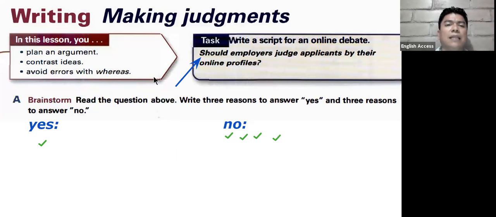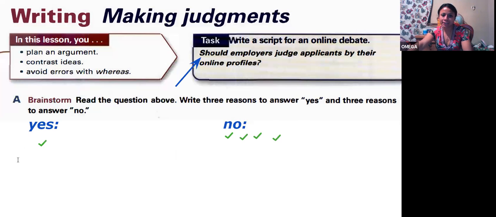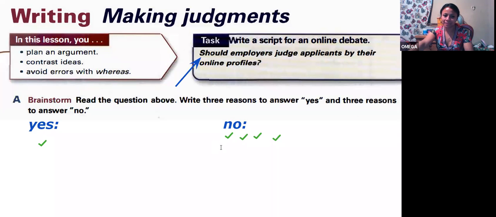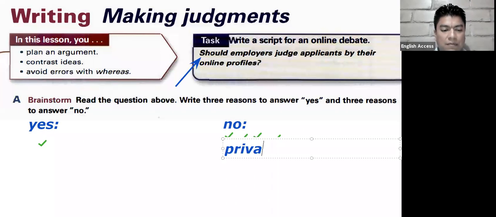Now let's write the reasons, guys. What are the reasons for yes and what are the reasons for no? Please give me your reasons. Privacy is a human right. So where is that, in yes or no? In no. So privacy is a human right.